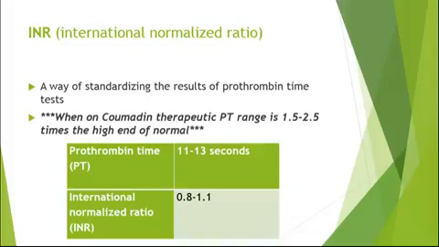So when a person is on Coumadin, we will look at the PT range and we will say, okay, for this lab, our normal PT would be 11 to 13 seconds. But for someone on Coumadin, what we're going to do is take that range and multiply it by 1.5 to 2.5 times the high end of normal.